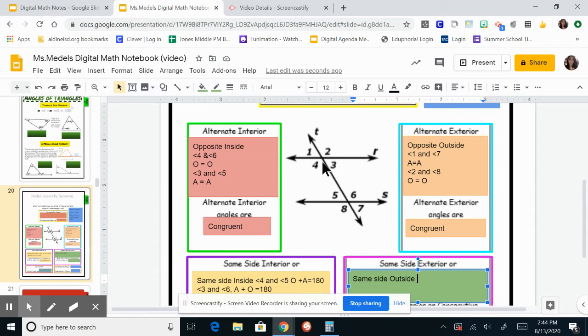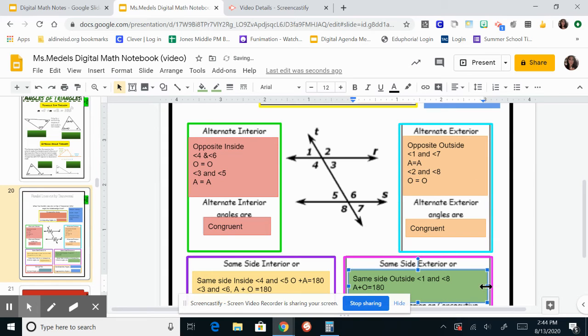If I use angle 1, on that same side of the transversal, it's going to be angle 8. Angle 1 is acute, and angle 8 is obtuse. So A and O equals 180.